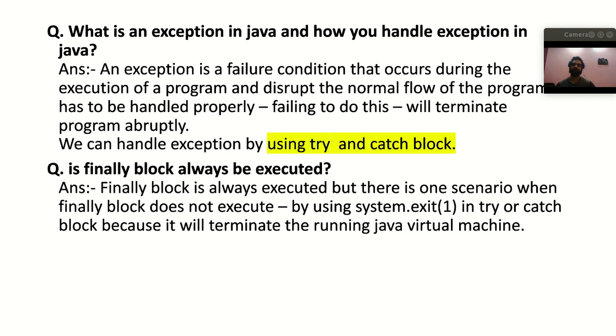Let's say that you want to open a file and copy some data of that file to another file. So for that you have to open that file, right? Now you will use the input output package for this.